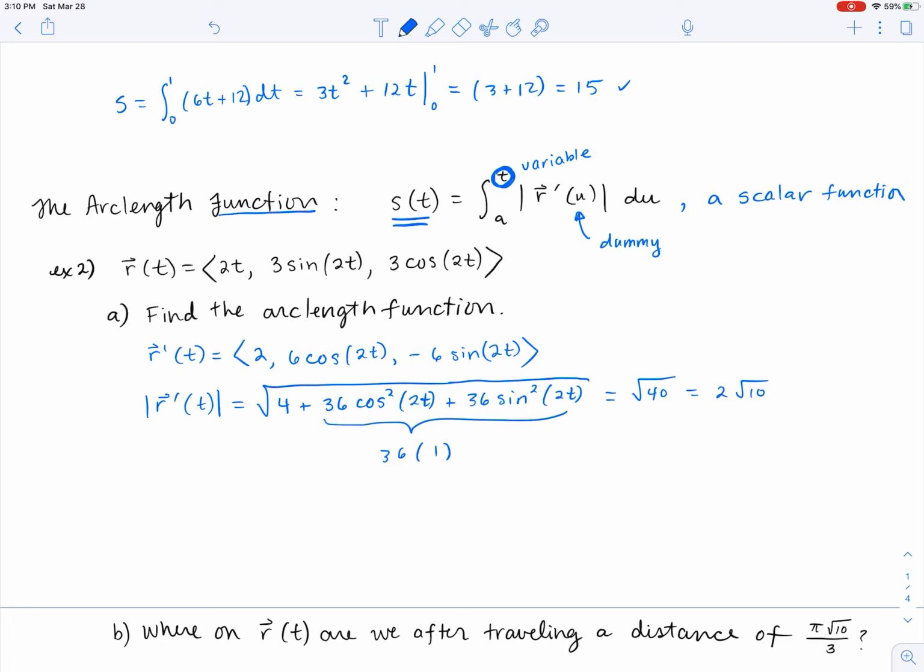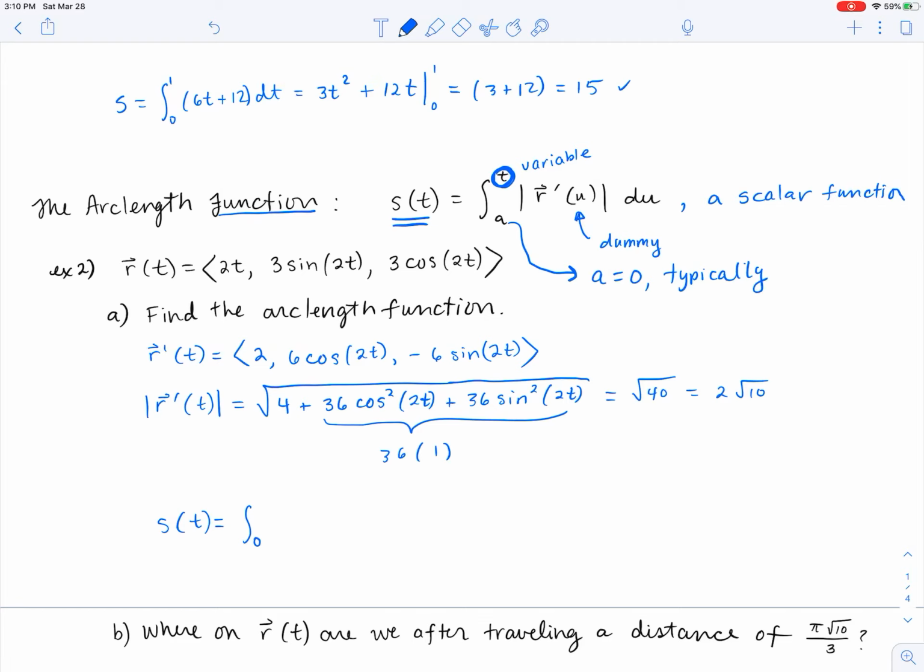Now, if we're going to find the arc length function, s of t, then what we need to do is take the integral from 0, so typically a equals 0, just because that's our initial time.